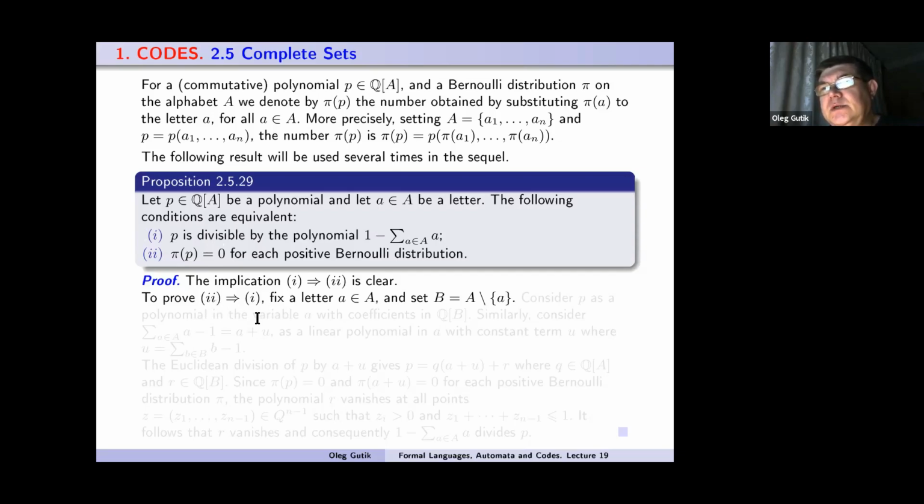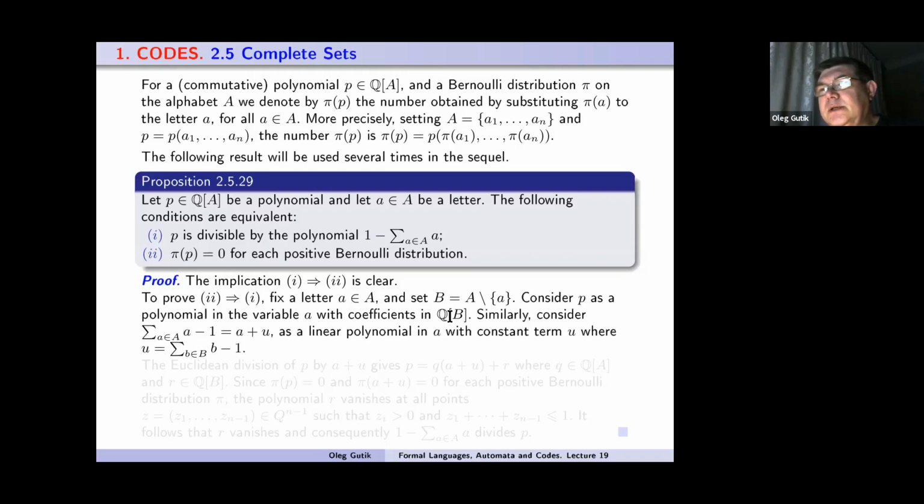To prove this implication, fix the letter A small from A capital and set B capital equal to A capital without the letter A small. Consider P as a polynomial in the variable A small with coefficients in Q of B capital.